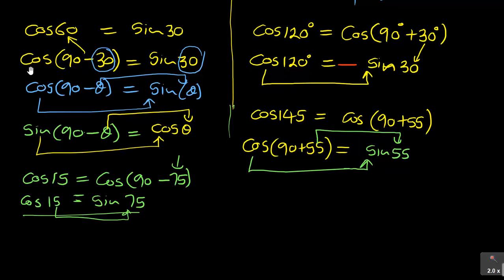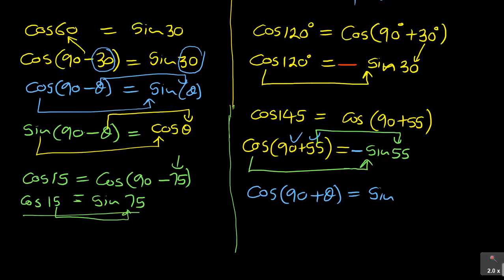What does this mean? It means we have a reduction rule here, which says if I'm given cos of 90 plus theta, like 90 plus 55, it is equal to sine, actually there is a negative sign, I forgot to put that negative.